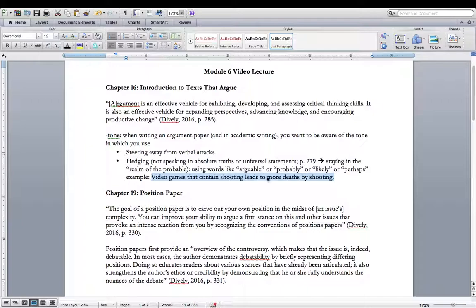This is also a logical fallacy. As a reader, I could say, wait a minute, I have all of these reports and arguments that say the opposite.